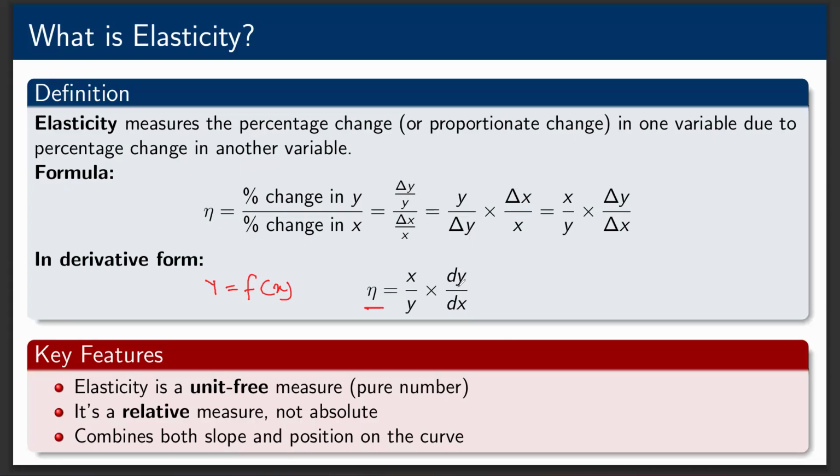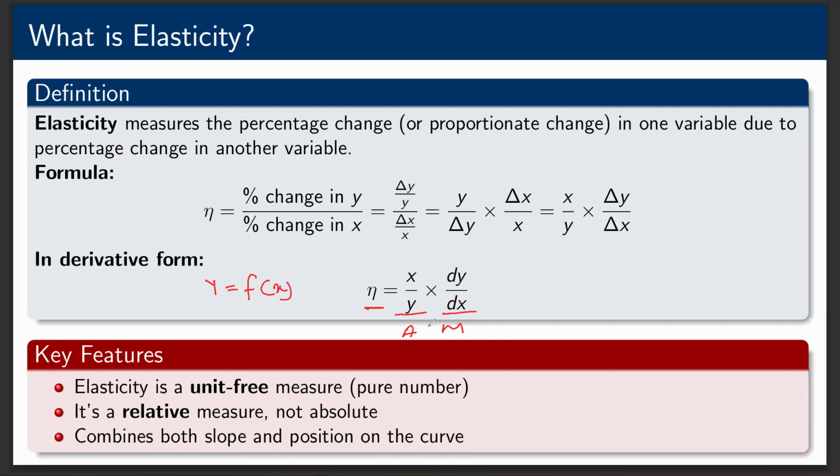By making a little bit of rearrangement, we'll find the formula of elasticity equal to x by y into dy upon dx. Take a look at this. This is the marginal function, right? Marginal function, because it is the first order derivative. And this is the reciprocal of the average function.